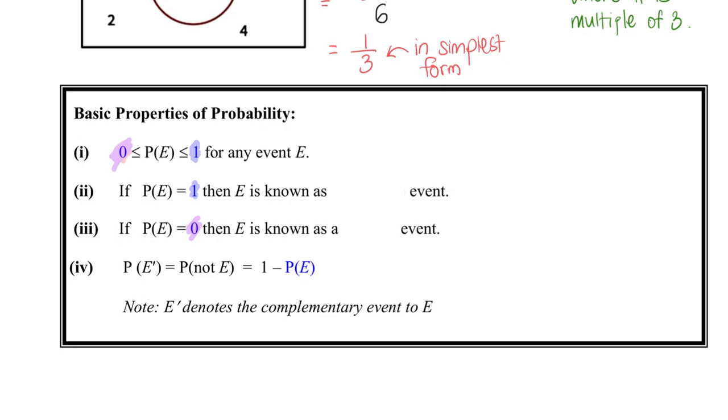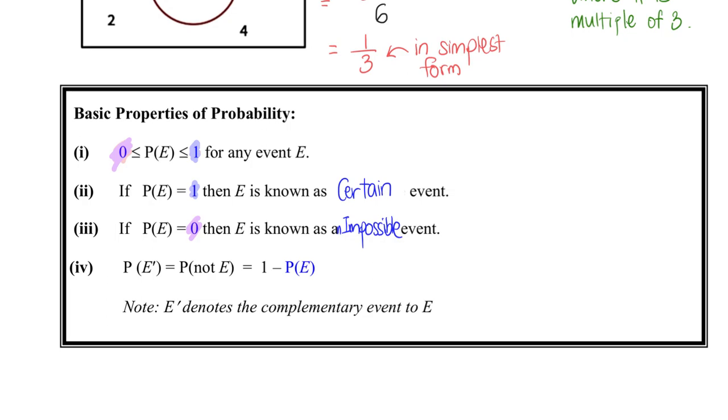If the probability of any event is equal to 1, then this event is known as a certain event. It means it will happen. A probability of 0 would then be an impossible event that will never happen.